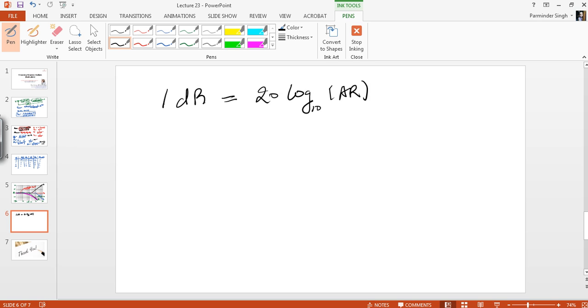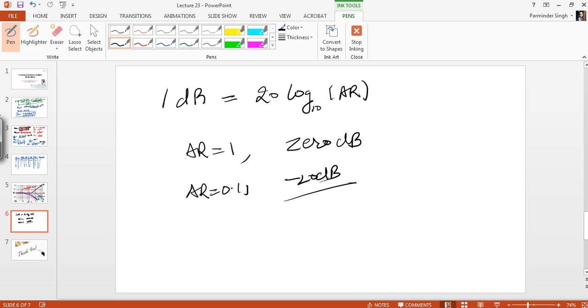So if AR is 1, it means 0 decibels, and if AR is 0.1, it means -20 decibels. So remember this thing, the unit of amplitude ratio is decibels.